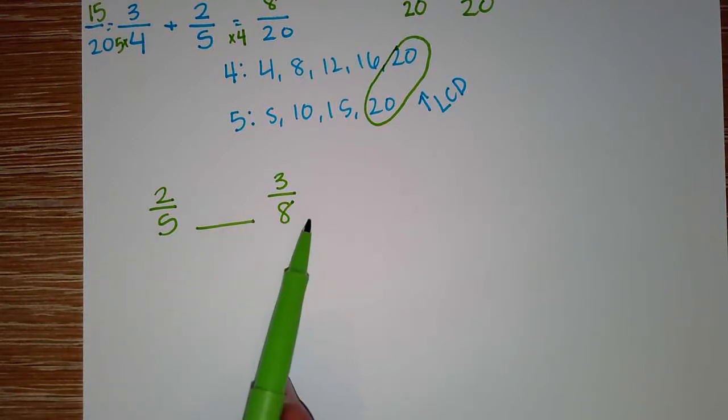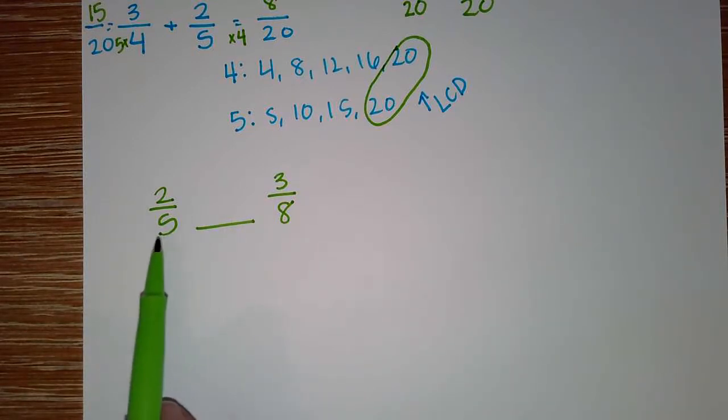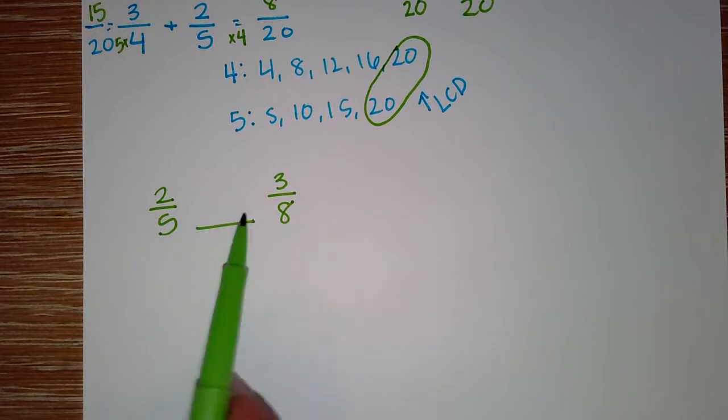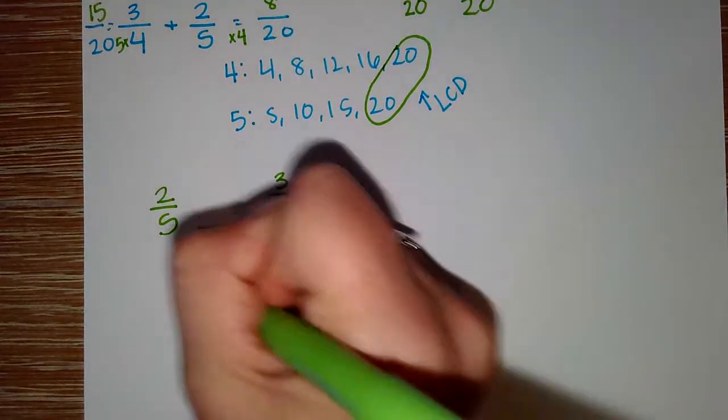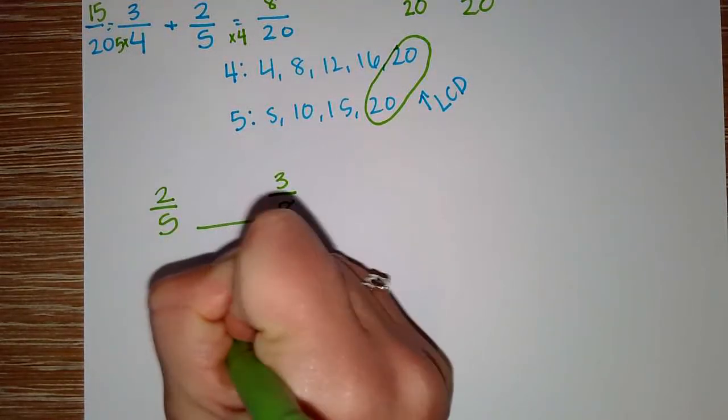Here, I can't compare these at the moment because they have different denominators. So think about a pizza. They're cut into different numbers of pieces. So it's hard for me to tell which one is larger. So I'm going to go ahead and find my LCD.